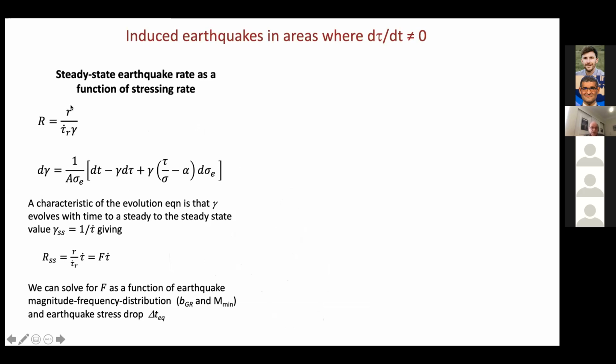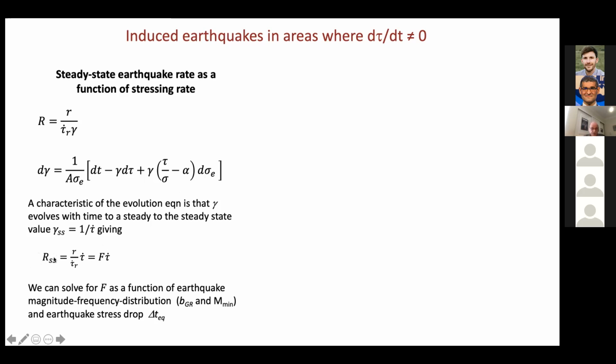This is just to refresh your memory on what the rate equations look like for earthquake rates. This term here is the F term. It's just a scaling term, and gamma is the state variable that evolves with time. Now, a characteristic of the evolution equation is that the earthquake rate will evolve with time to a steady state rate.